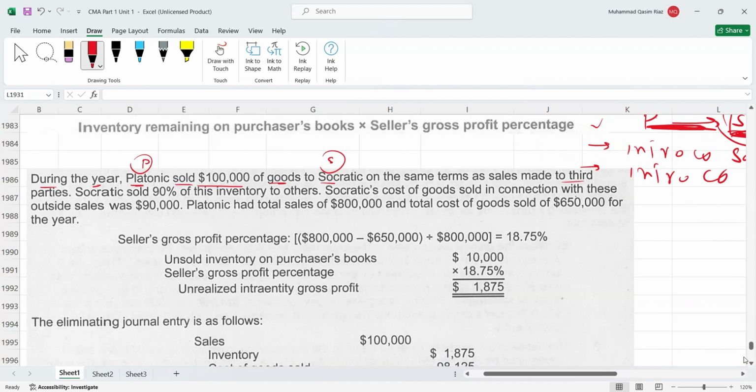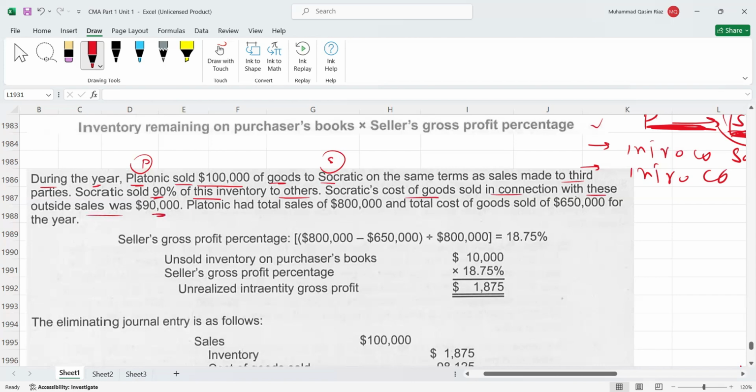Now, S sold 90% of this inventory to others. So it means there is still 10% inventory which is held by the subsidiary as unsold inventory. The cost of goods sold in connection with these outside sales is 90,000.